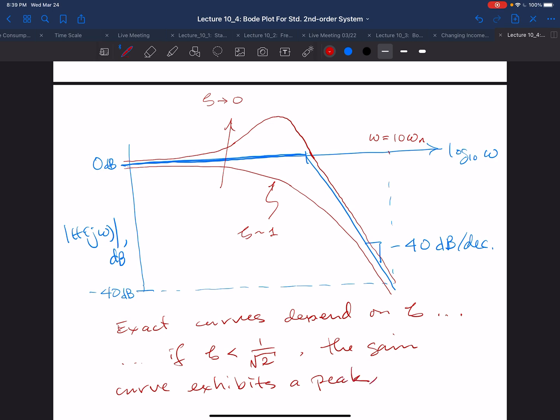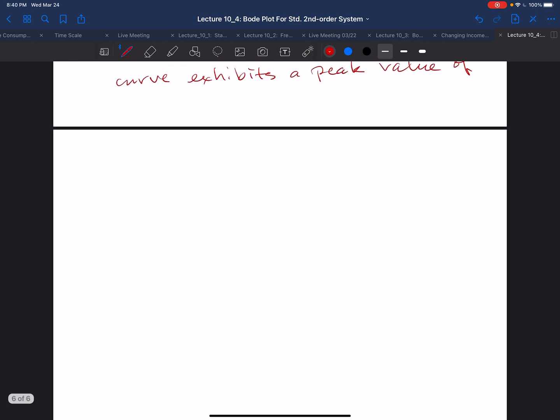And in fact, it has a peak value of the modulus of H of j omega equals M_p equals 1 over 2 zeta times the square root of 1 minus zeta squared.